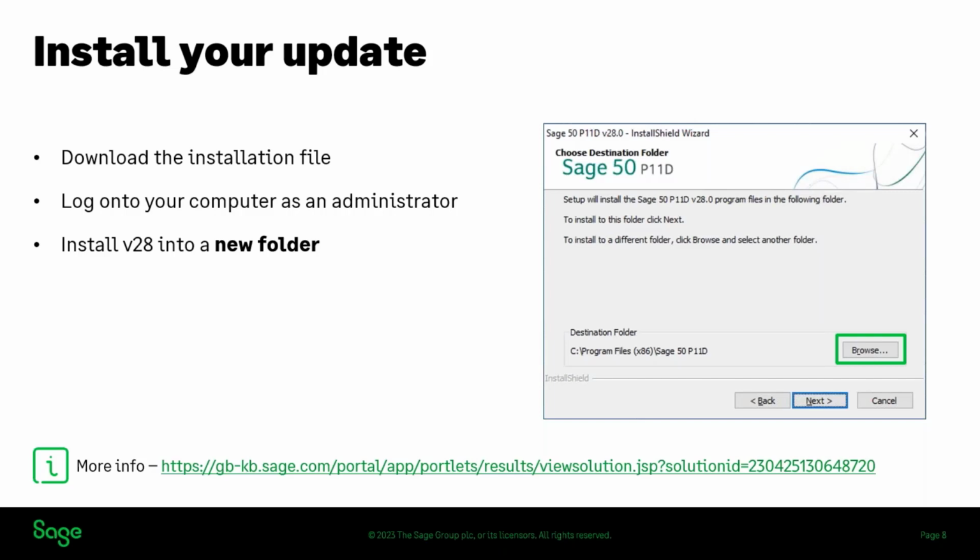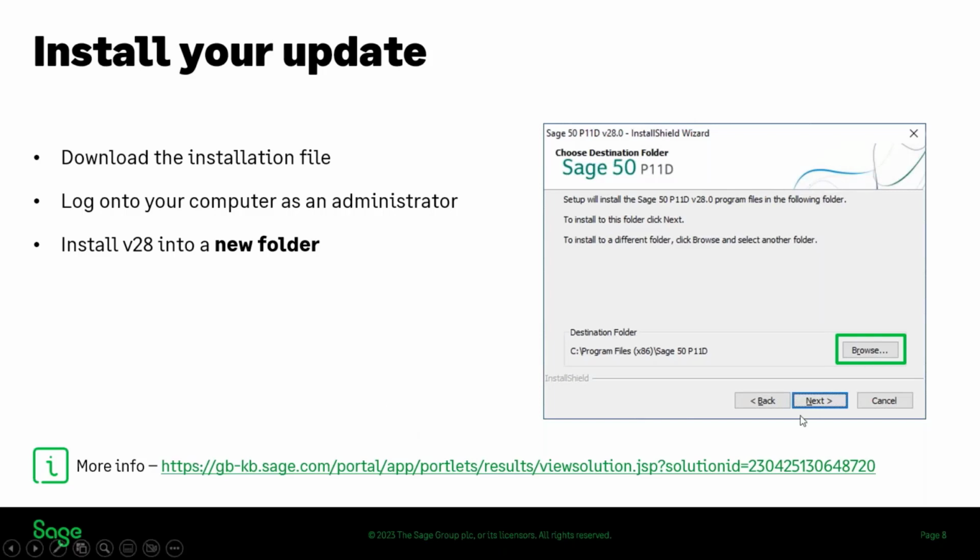And we strongly recommend that rather than installing over the top of your existing version, you install version 28 into a new folder. So the way that you do this, once you've launched the installation, is you'll be presented with the destination folder for the install, and that will usually show the default directory, C program files x86/sage50 P11D.